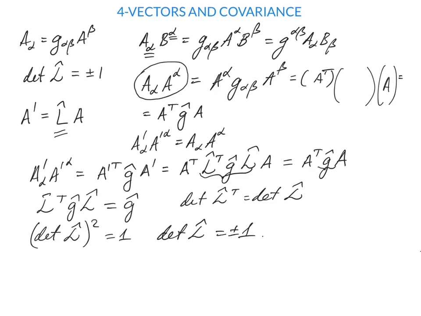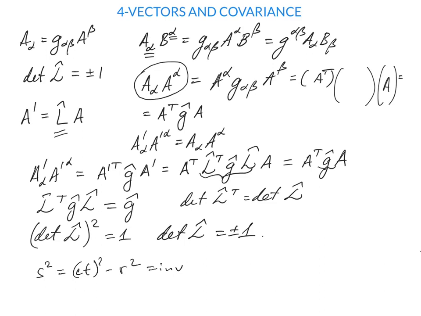So as you see, the group that keeps the interval invariant, so this quantity is invariant, has transformations whose determinant can be either plus or minus 1.